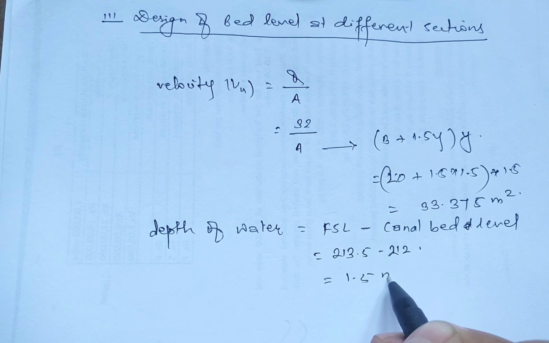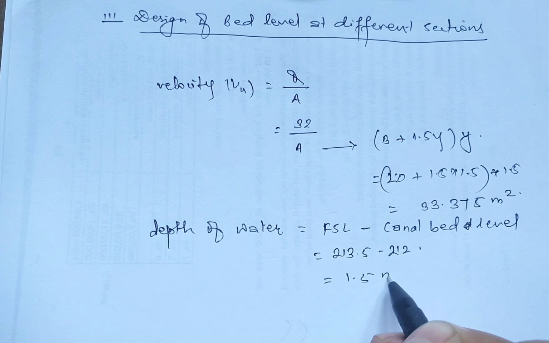So the RL of water surface at 4 will be 212, this level, plus the depth of water 1.5, equals 213.5 meter. The full supply level is 213.5 meter.